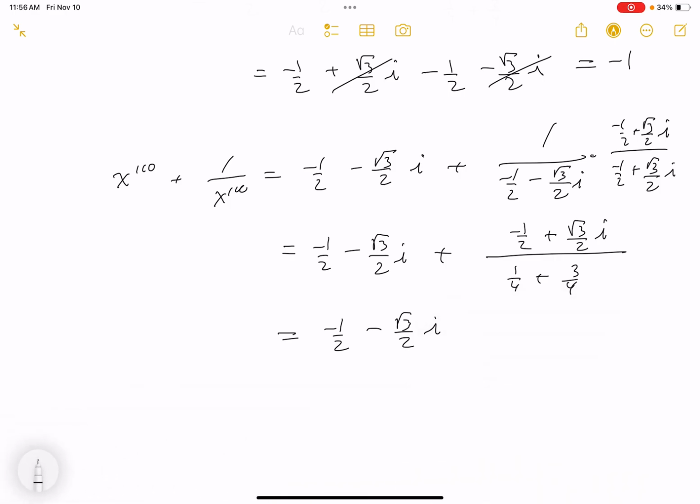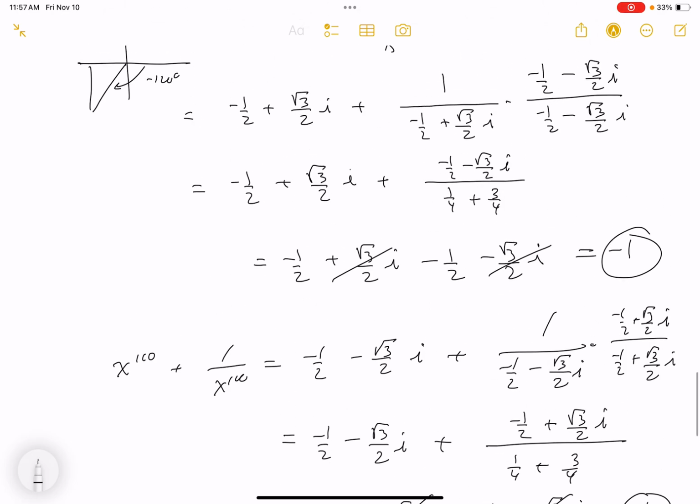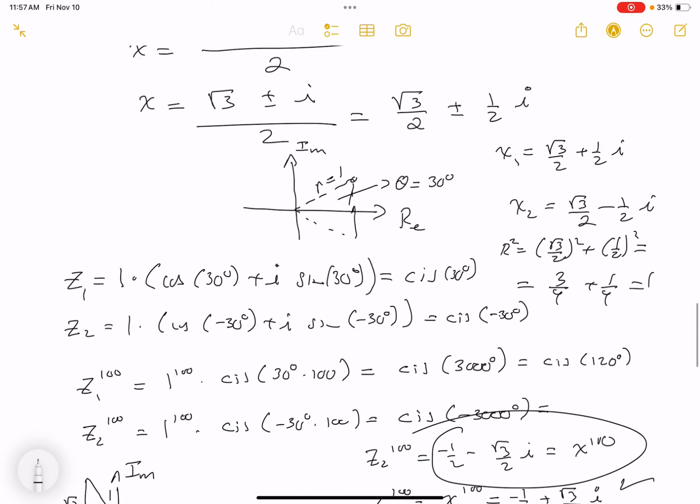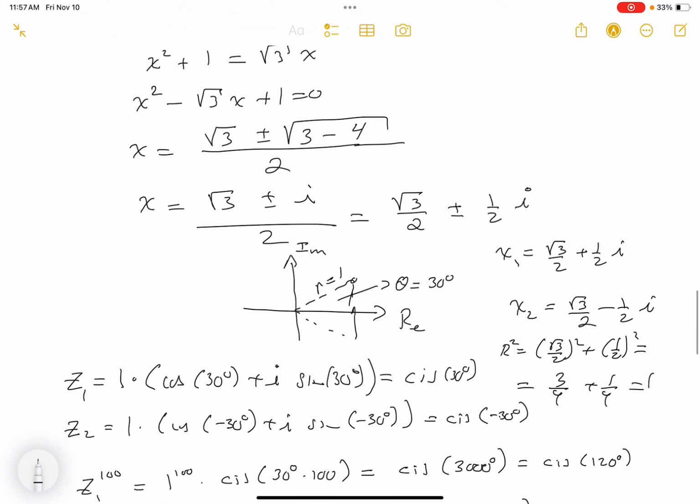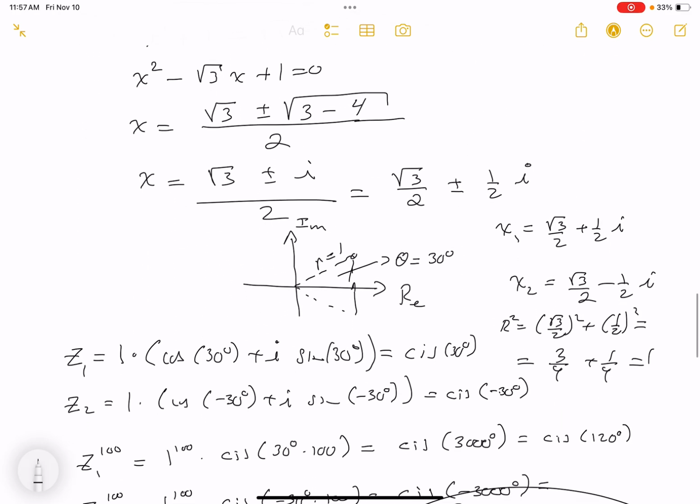All right, where was I? Oh, minus 1/2, and then it's going to be plus root 3 over 2i. What happens over here? These two cancel off, and minus half minus half is minus 1. All right, so it's leading to the same thing every single time, by the way, which is good. Basic algebra that we used led to minus 1, and now using de Moivre's theorem also led to minus 1. Thank you for paying attention.